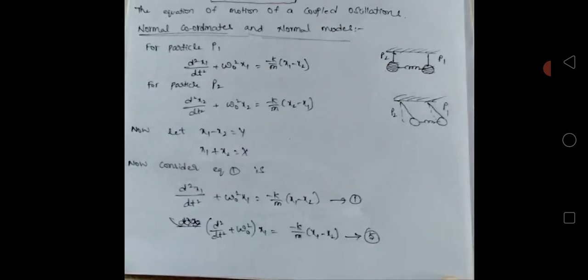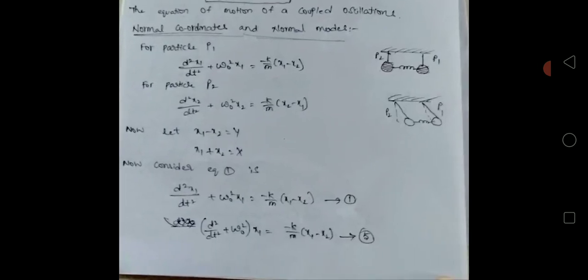Now we denote the displacement x1 minus x2 as capital Y, and x1 plus x2 as capital X. Now consider equation 1: d²x1/dt² plus omega naught square x1 equals minus k by m into (x1 minus x2).